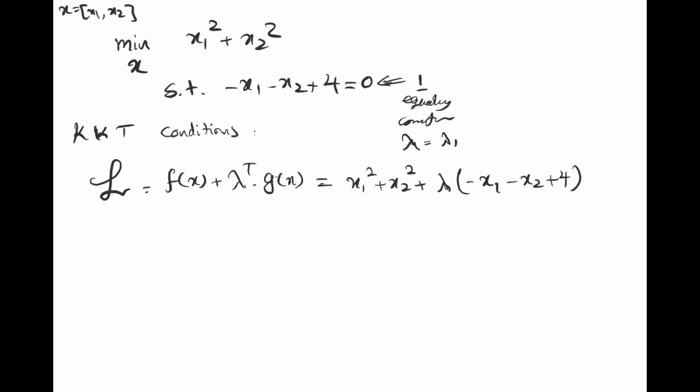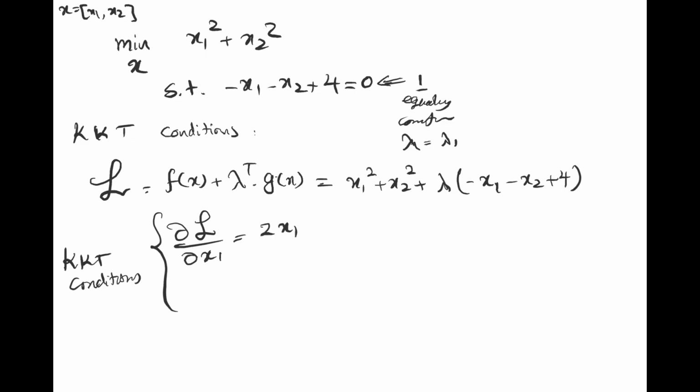All right, so our KKT conditions are the derivative of the Lagrangian with respect to x1, which is 2x1 minus lambda. This one should be 0. The derivative of the Lagrangian with respect to x2 is 2x2 minus lambda. This one should be 0 as well.